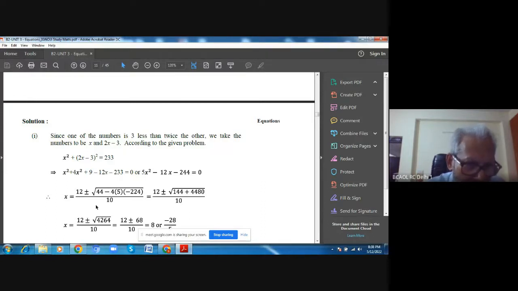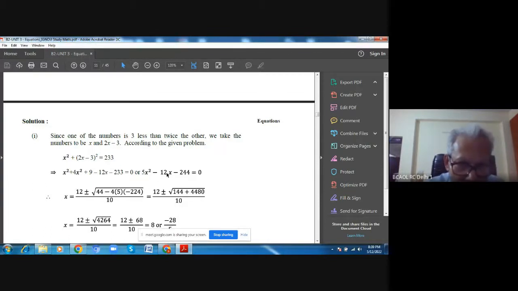That is the quadratic formula. If you remember the formula, you can write it in the exam paper in brackets. Based on this formula, you have to calculate from this equation.